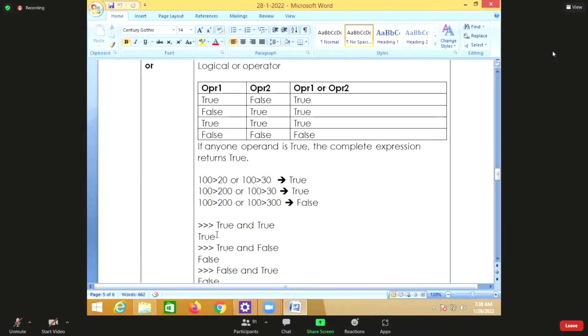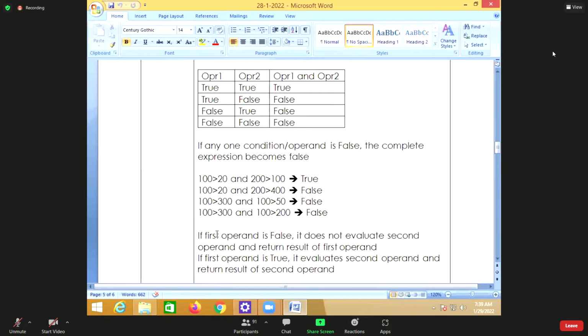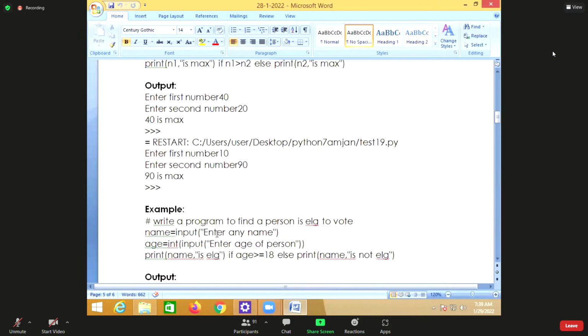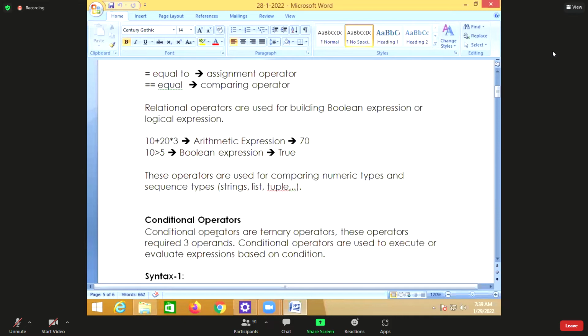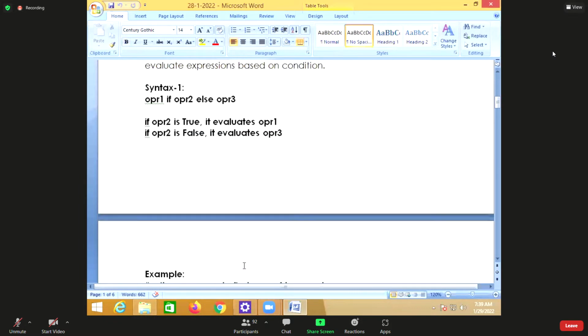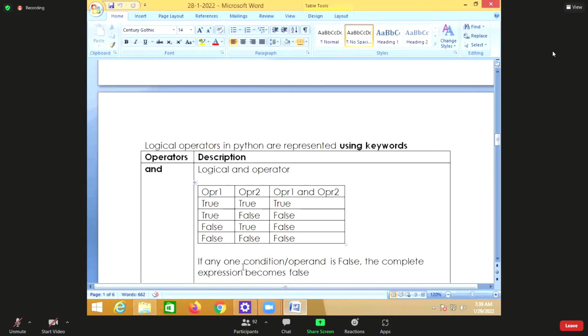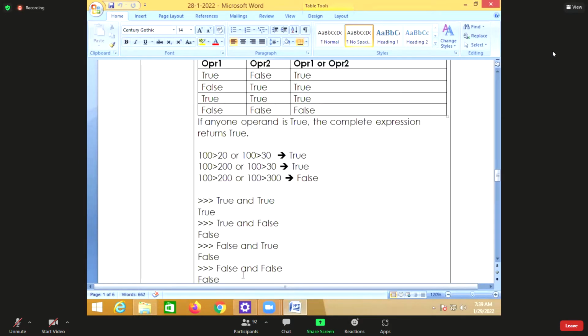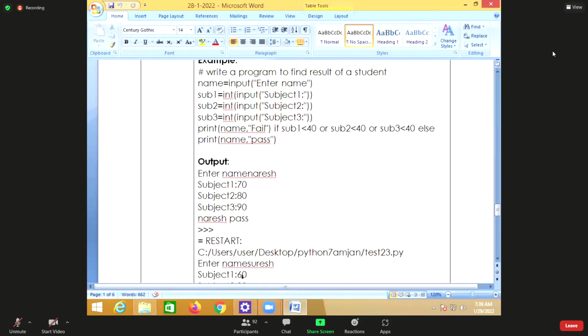Along with this, I said how to work with conditional operators and relational operators like greater than, less than, greater than or equal to, less than or equal to, and one more, not equal to, right?